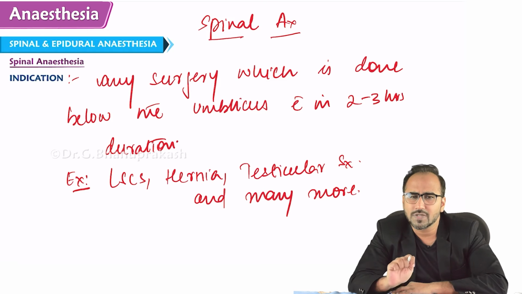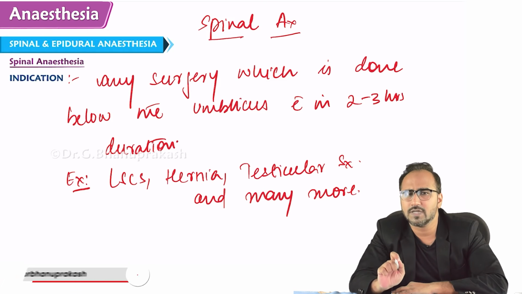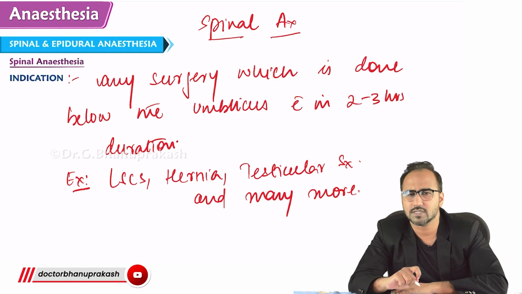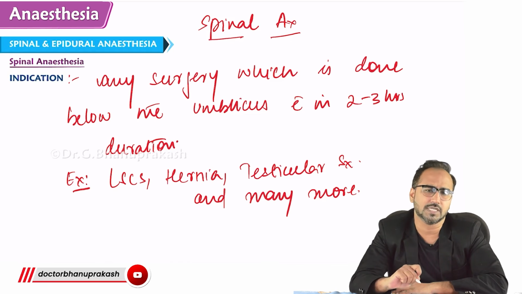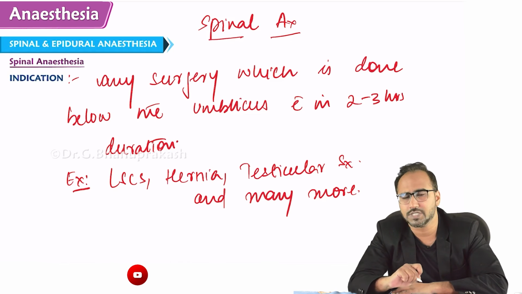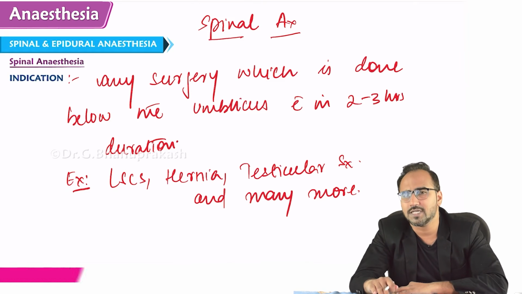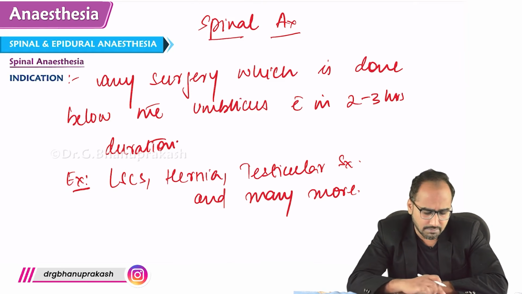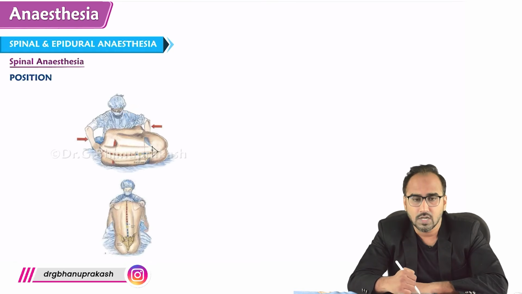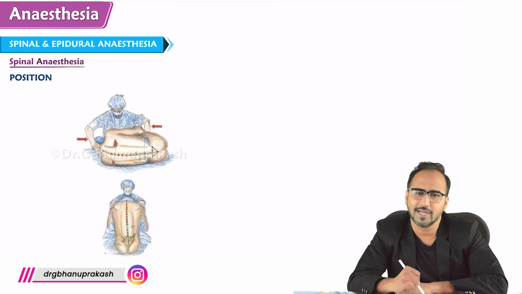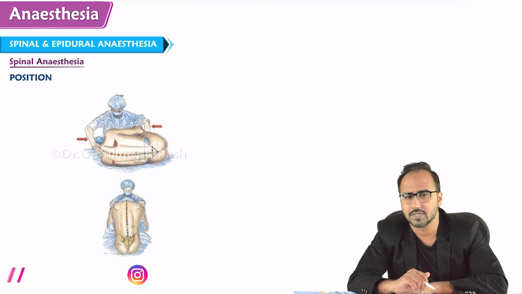The first thing before giving spinal is, guys, what is the first thing that you do before giving spinal? The first thing is the position of the patient. The lady who is lying down on the table, you either make her sit or make her lie down in a lateral position.